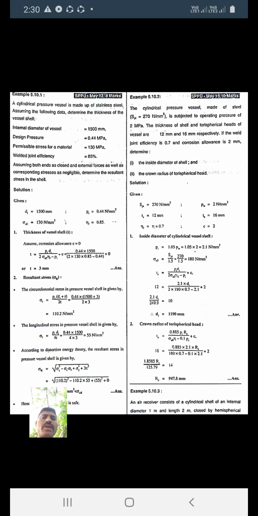Put all these values in the TS equation, then you will get DI equal to 1190 mm.